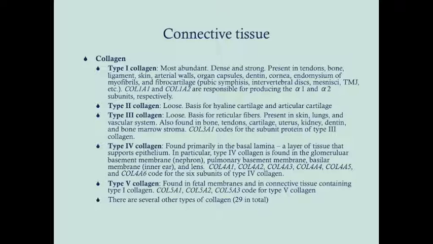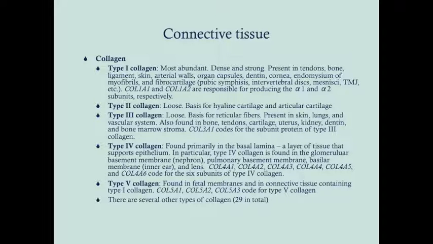So there are several types of collagen, 29 in total, but the first 5 are perhaps the most abundant. So type 1 is the most abundant overall. This is a dense and strong connective tissue. It's present in tendons, bone, ligament, skin, arterial walls, organ capsules, surrounding the teeth, cornea, as well as inside muscle and fibrocartilage.